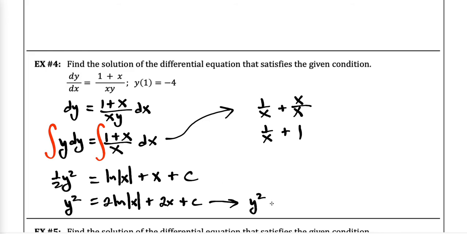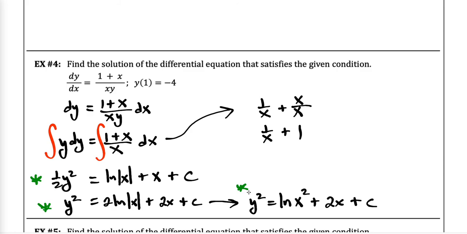The answer would probably be ln of x squared. And I don't need absolute value anymore because it's squared. This is probably the answer you would see on multiple choice. If this were free response, 100% all 3 of these would be correct. Free response is generally your choice on how you want to show the answer. As long as you did the work correct, it's your choice.